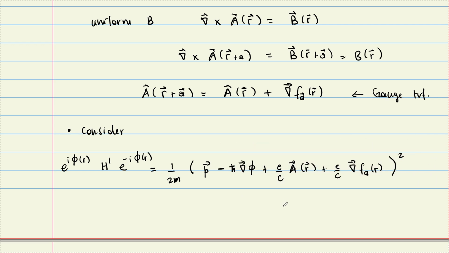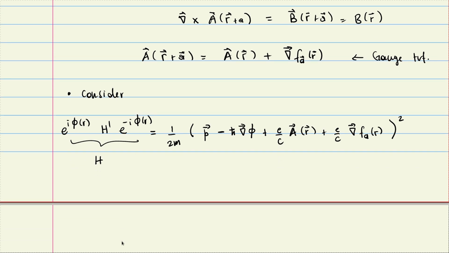And in that case, I want to choose such a phi of r that this new equation is going to be equal to h. In that case, I'm going to find the exact gauge transformation which brings back the original Hamiltonian.